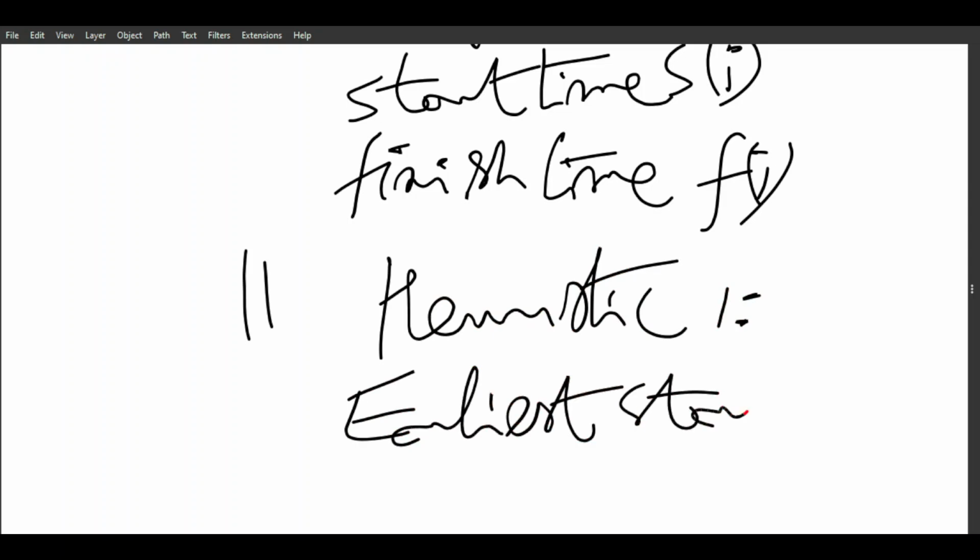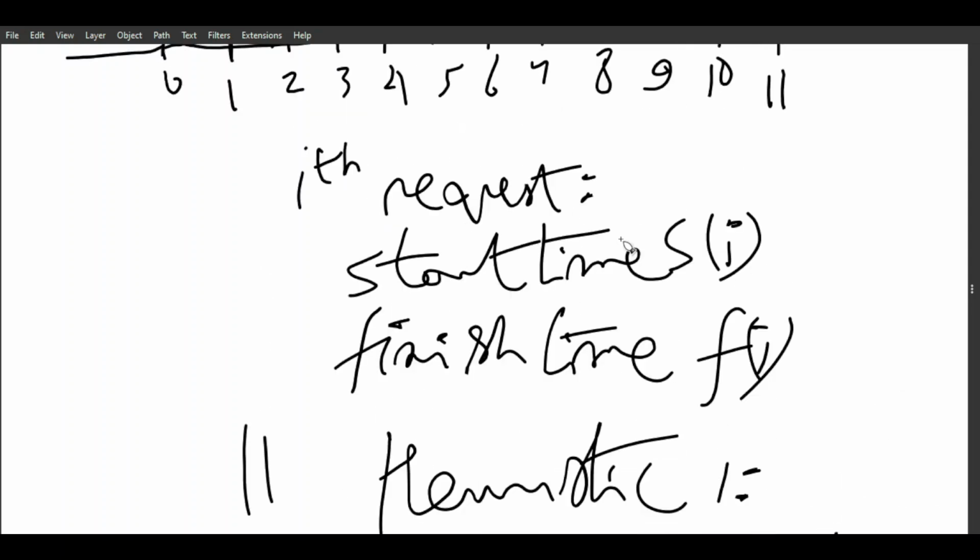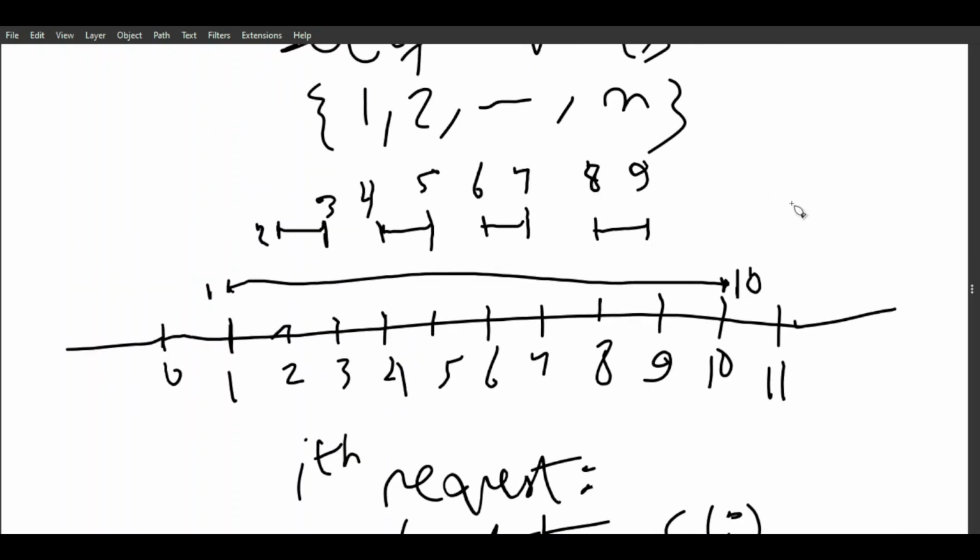Earliest start time first means that we first choose the interval with the lowest possible start time. Select that interval and remove all other intervals which overlap with it, and again repeat the same process. So we evaluate this heuristic on our first example.